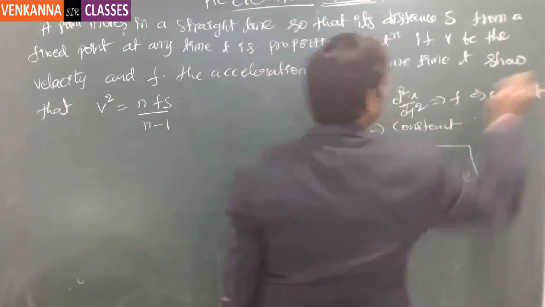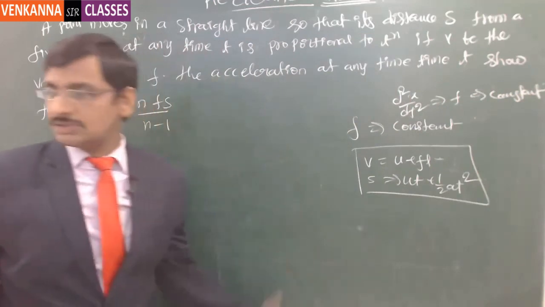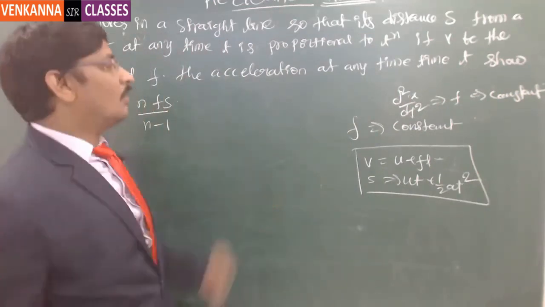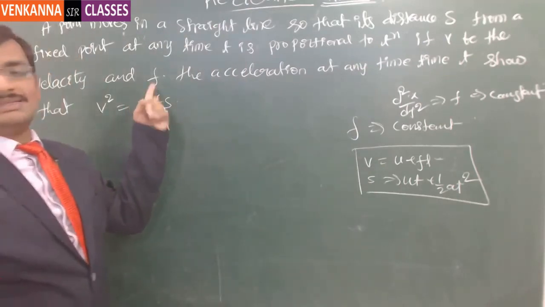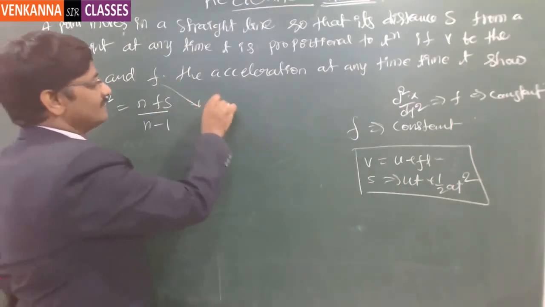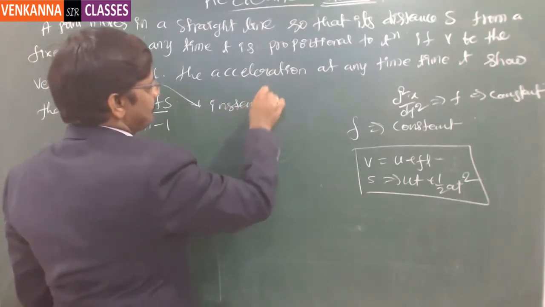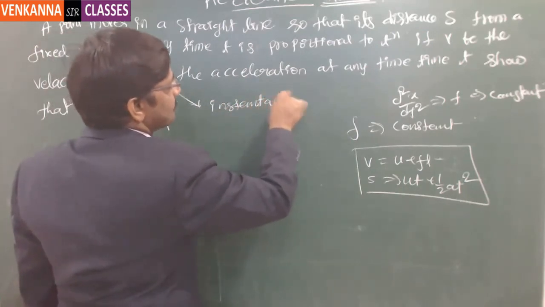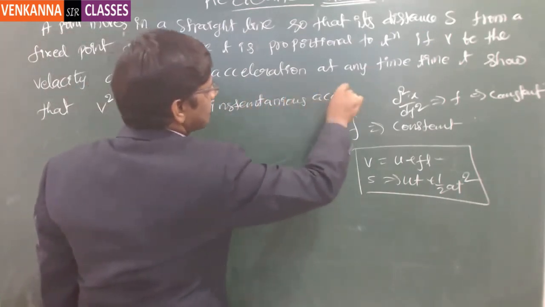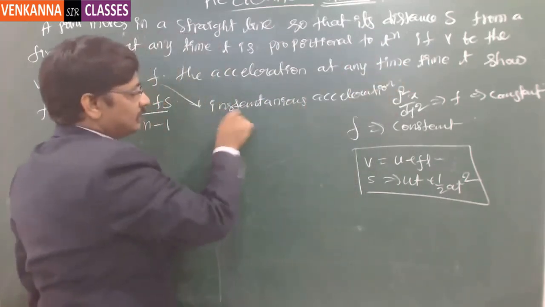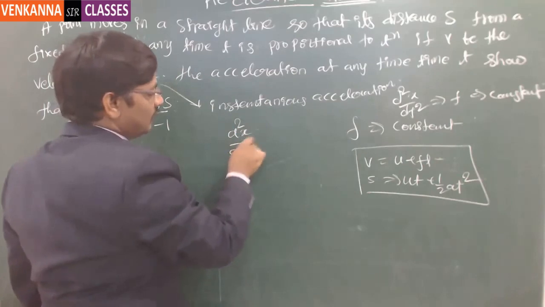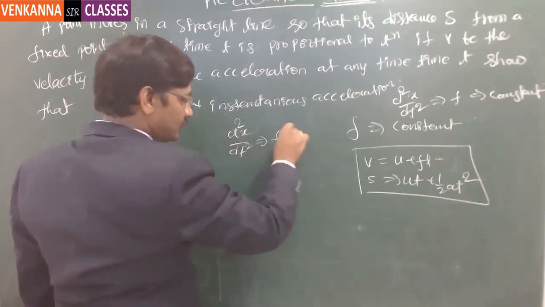So don't try to use the formulas. Go with the normal procedure of calculus. Here, whatever acceleration he has given is an instantaneous acceleration. So instantaneous acceleration is nothing but d square x by dt square, which is f, a function of t.